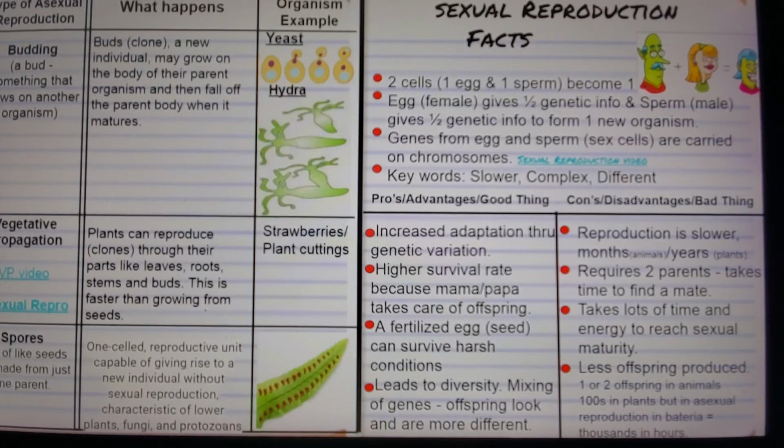Plus, it takes a lot of time and energy for the organism to be sexually mature and be able to reproduce itself. And then we have fewer offspring being produced. I'm going to stop here, and we will continue tomorrow.